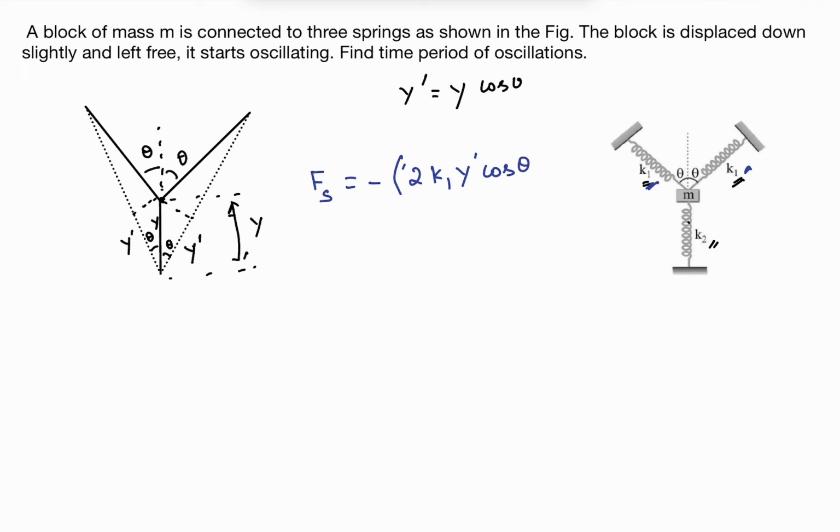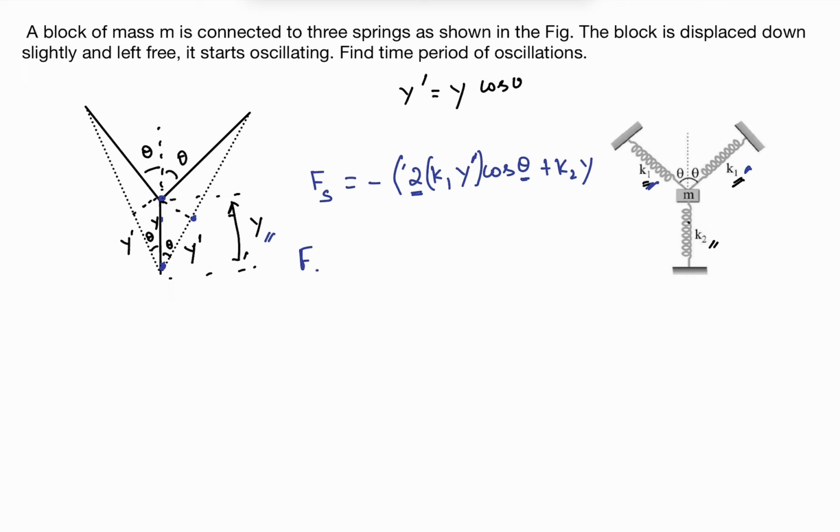This is the restoring force, single spring, and this is double with the cos component. Understood? This y dash is the displacement along the angle theta. Plus K2 y, because K2 displaces only along the vertical, and that displacement is y.